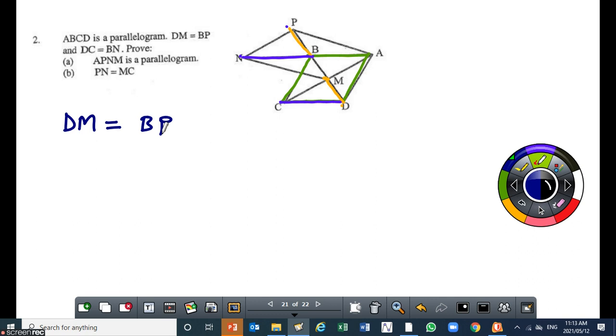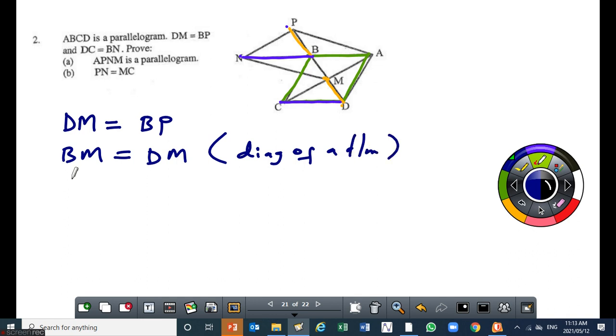So I'll say here BM is equal to DM, the reason: diagonals of a parallelogram. Now this is interesting: we have got DM in both statements.